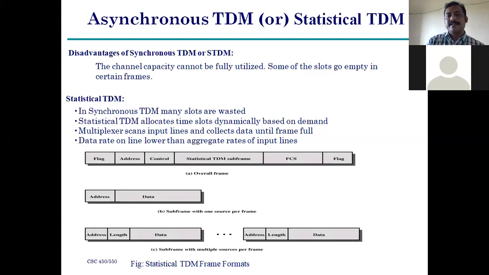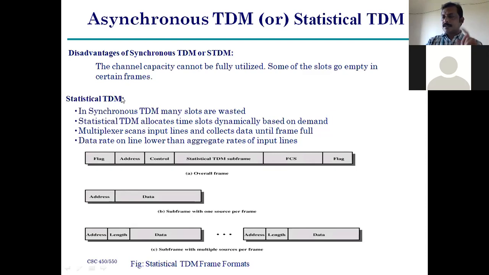So the bandwidth is wasted on those unused frame slots. Some of the slots go empty in certain frames, right? That is one of the drawbacks. We will fulfill the drawback of synchronous time division multiplexing.